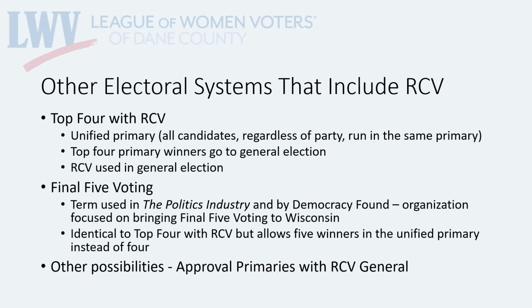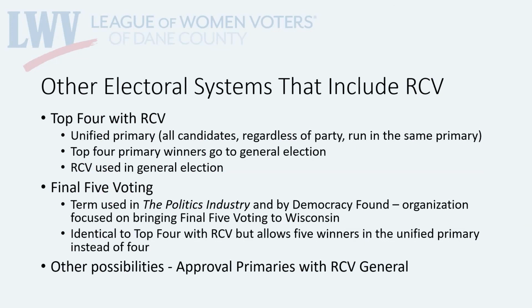We are going to move on to talk about some of the combination electoral systems that include ranked choice voting. These systems grew out of the fact that, as we saw mentioned in the arguments against it, ranked choice voting doesn't fix everything by itself. If our elections frequently have only 2 candidates or are uncontested, then implementing ranked choice voting will have very little effect.